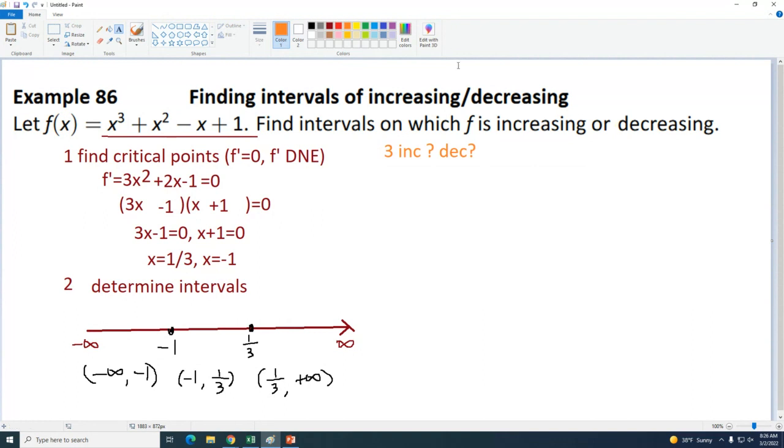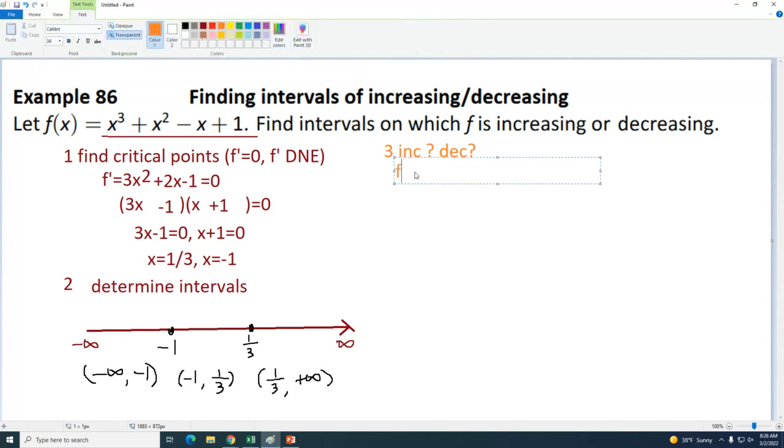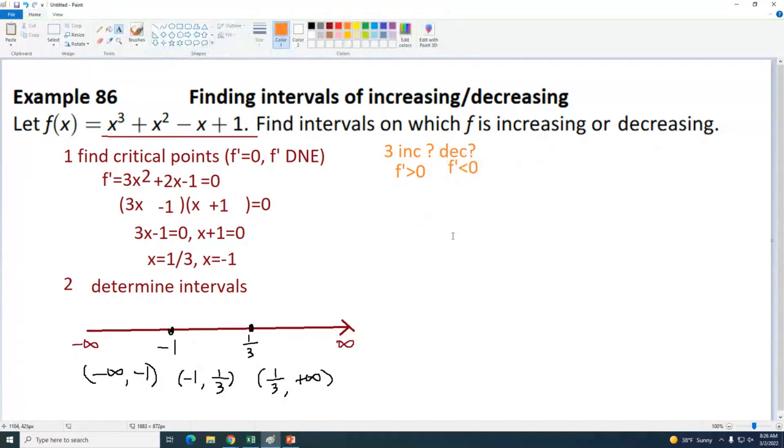So remember, on the increasing interval, the derivative is positive, and on the decreasing interval, the derivative is negative. So all we have to do is to figure out a couple of points on those intervals, which allows us to determine whether the function is increasing or decreasing. So we are going to evaluate the derivative function. Any questions so far?